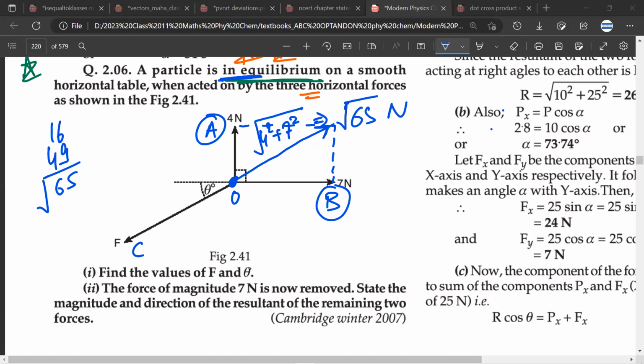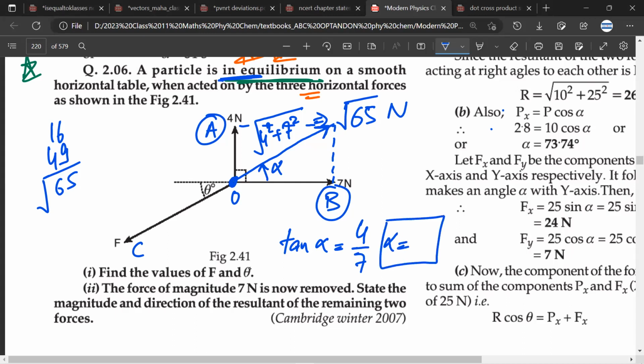So the resultant of these two forces, 4 Newton and 7 Newton, would be a force whose magnitude is √65. Are we clear about this? Yes. Then of course we can find this angle alpha also. How can we find this angle alpha? The tan alpha would be equal to 4/7, and I can calculate the value of alpha using a calculator.